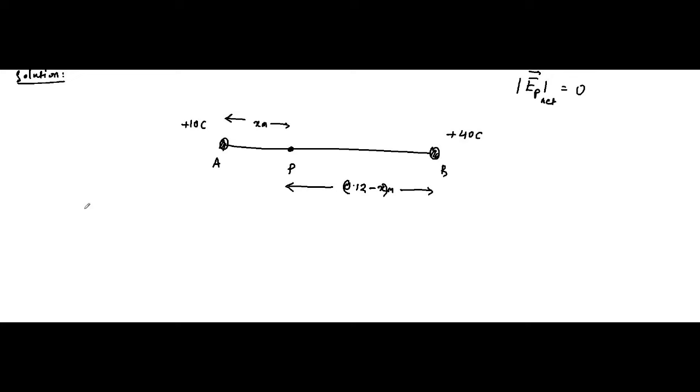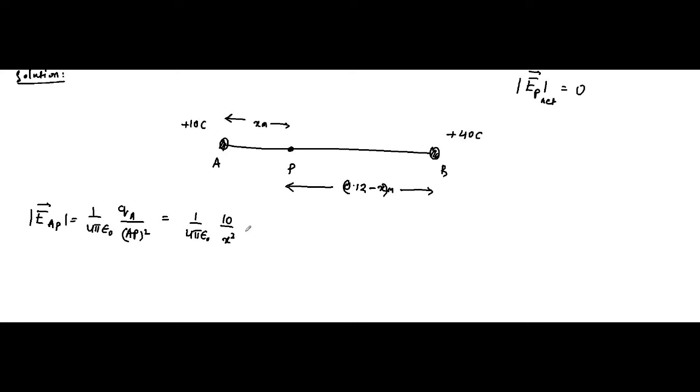So here the electric field intensity because of the charge plus 10 coulomb placed at A at the position P, EAP, is equal to 1 by 4 pi epsilon 0 QA by AP whole square, which is equal to 1 by 4 pi epsilon 0, 10 by x square, because AP is equal to x.